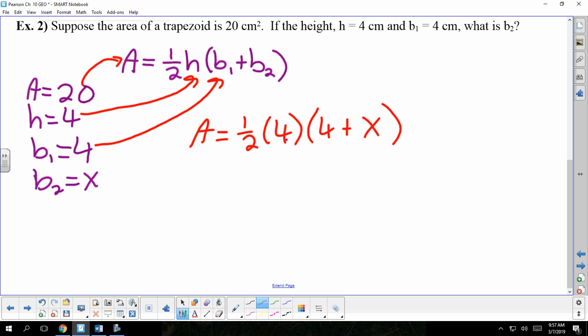All right, let's see how we did. So first, I'm going to clean up this right here. Half of 4, just 2.